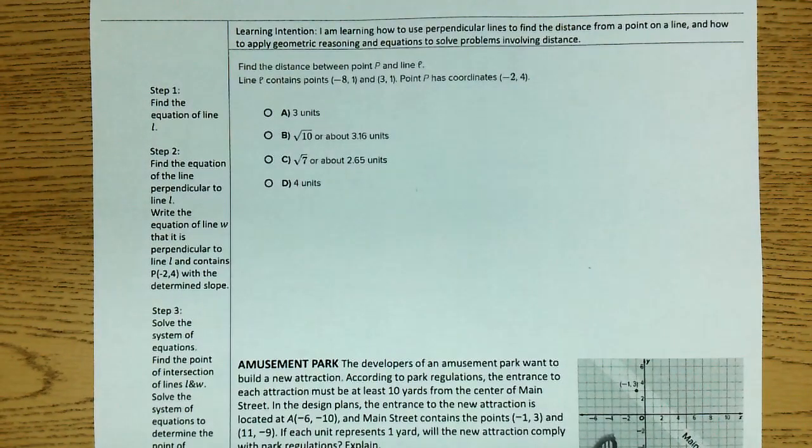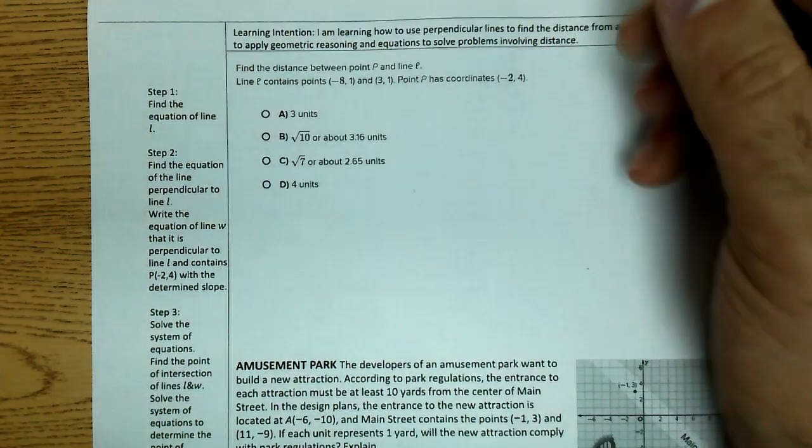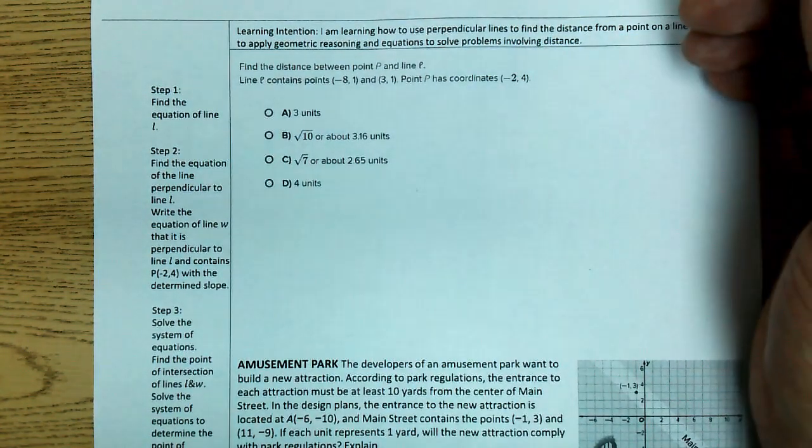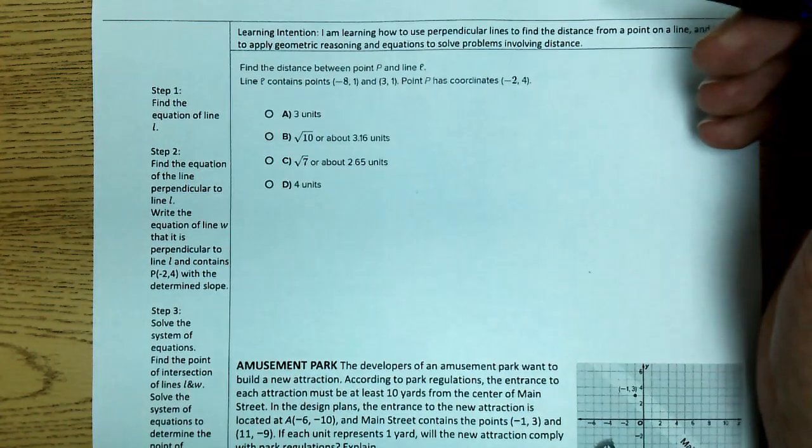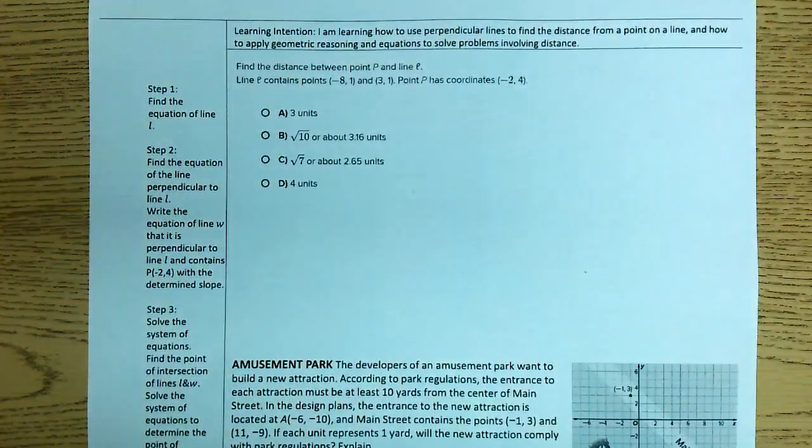to solve this. Find the distance between point P and line L. Line L contains points (-8, 1) and (3, 1). Point P has coordinates (-2, 4). So first thing I need to do, if you want to use point slope, use point slope. If you want to use slope intercept, use slope intercept.